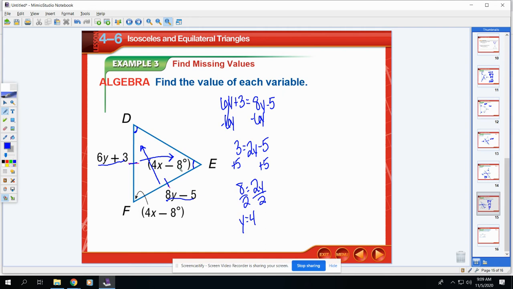Now, we got 4x minus 8 here for angle E and 4x minus 8 here for angle F. 4x minus 8 and 4x minus 8, the exact same thing, right? So if we know that this is 4x minus 8, I'm going to actually erase some of our lines here in the middle.